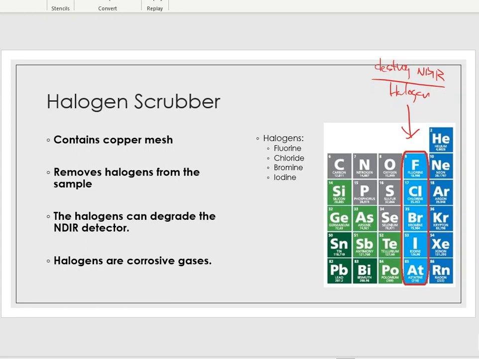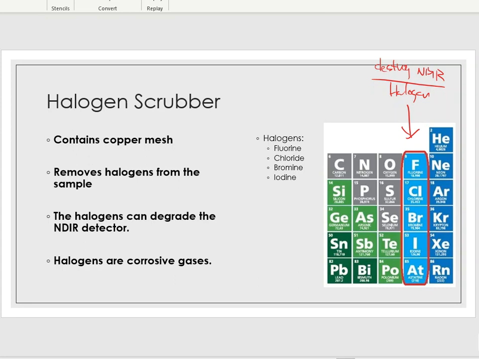And that metal could be found in the NDIR detector. So I have to ensure that none of the halogens make their way to the detector. And the way that I do that is I install a halogen scrubber. And the halogen scrubber removes the halogens that could be present in my sample before it reaches the detector.